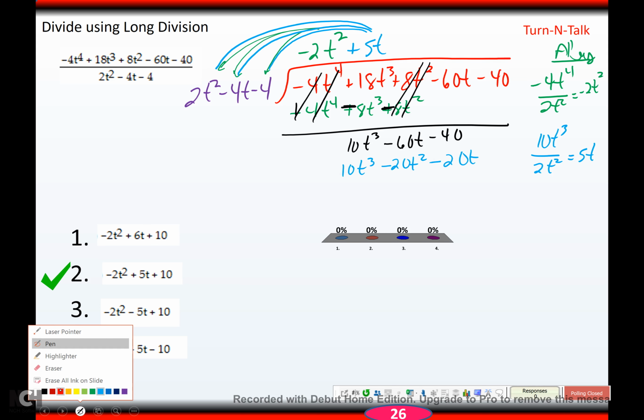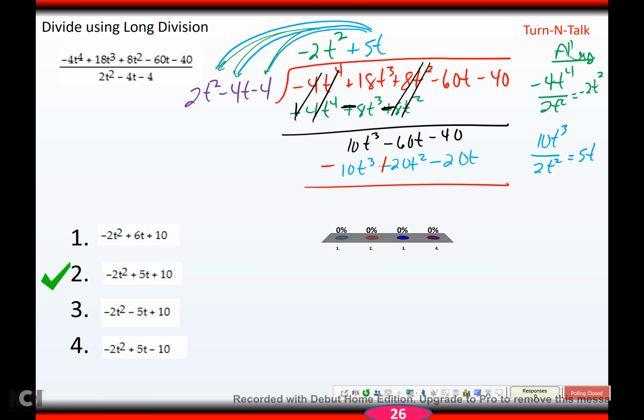And I'm going to draw the line and change all signs. The cubes cancel. Now, this square doesn't have a square to line up with, so it comes down. And then I can combine my t's. Negative 60 plus 20 is negative 40t, negative 40.